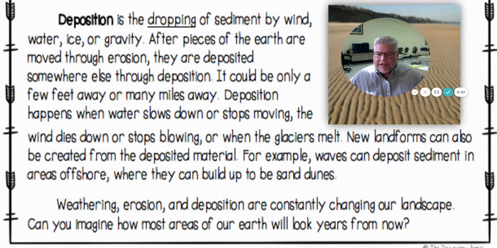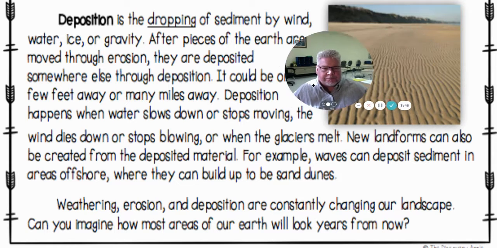New landforms can also be created from the deposited material. For example, waves can deposit sediment in areas offshore where they can build up to be sand dunes. Weathering, erosion, and deposition are constantly changing our landscape. Can you imagine how most areas of our Earth will look for years from now?